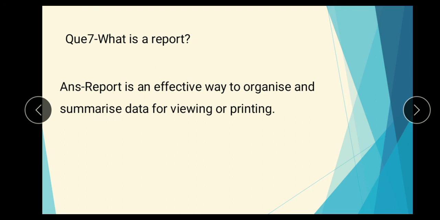Organized data means there is so much information related to a student, like student name, father's name, mother's name, date of birth, mobile number, address. But only summarized data is used, meaning student name, father's name, mother's name, and date of birth. Mobile number and address are not displayed in the report. So a report is an effective way to organize and summarize data for viewing or printing.